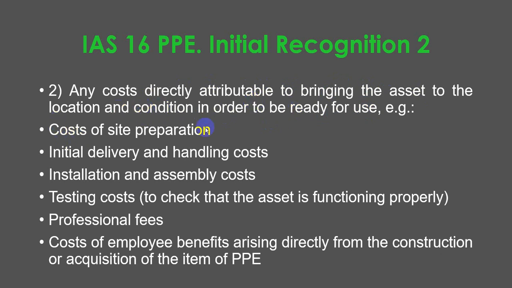Examples of directly attributable costs are costs of site preparation, initial delivery and handling costs, installation and assembly costs, testing costs, that's actually costs to check that the asset is functioning properly, professional fees, and costs of employee benefits arising directly from the construction or acquisition of the item of PPE.